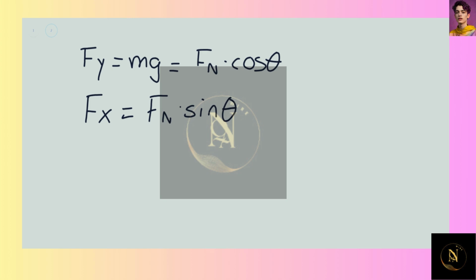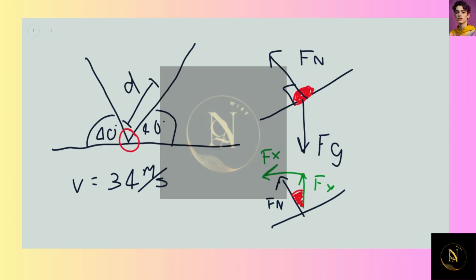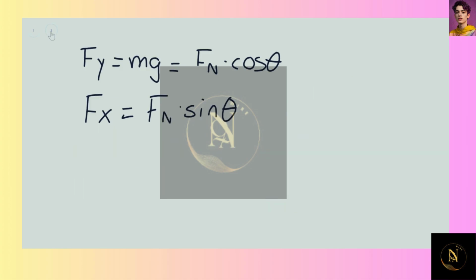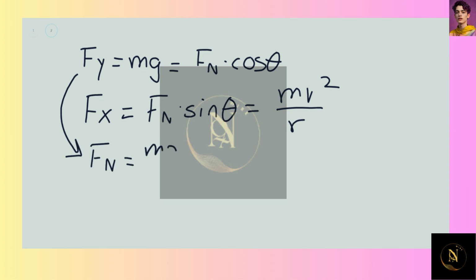And since we are moving in circular motion, and this horizontal component is pointing straight inward towards the center of that motion, it must be equal to mv squared over r. Now, from our first equation, we can see that Fn is equal to mg over cosine theta.